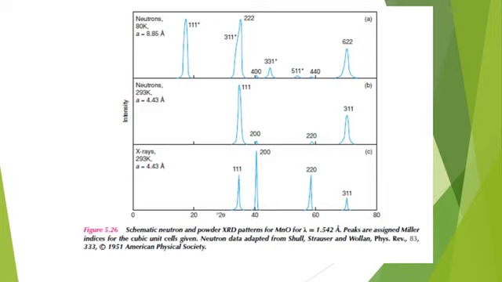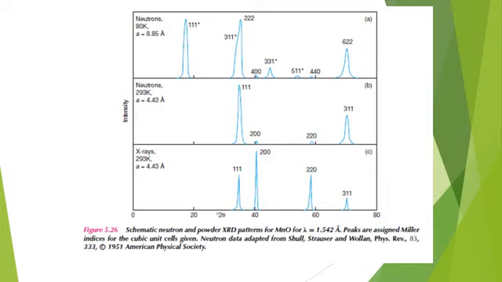So this is the schematic neutron and powder X-ray pattern for manganese oxide for a wavelength equal to 1.542 angstrom. Peaks are assigned Miller indices for the cubic unit cell given.